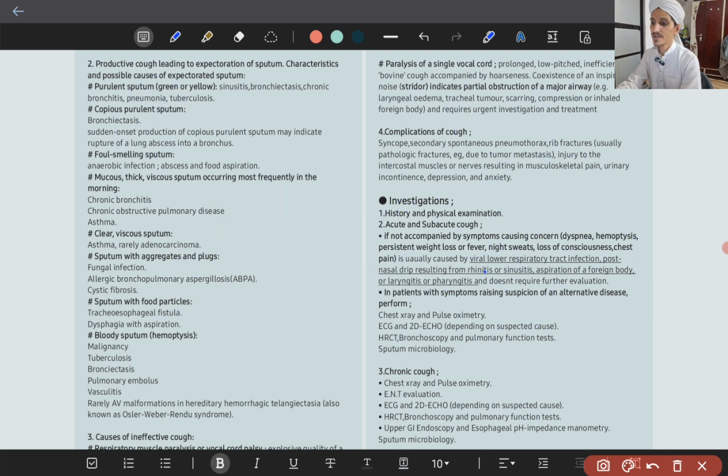In investigation, first you will take history and examination. How will you take history and examination? You will focus on three systems. Four systems are there, but in that, three are important: RS, CVS, and GI.